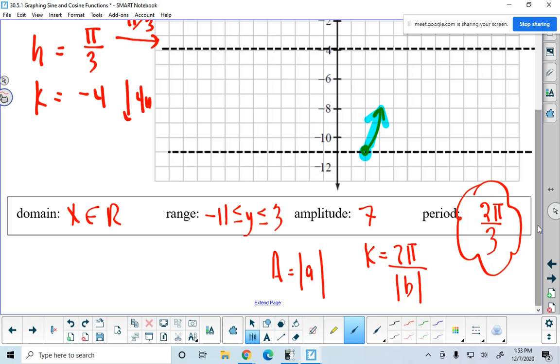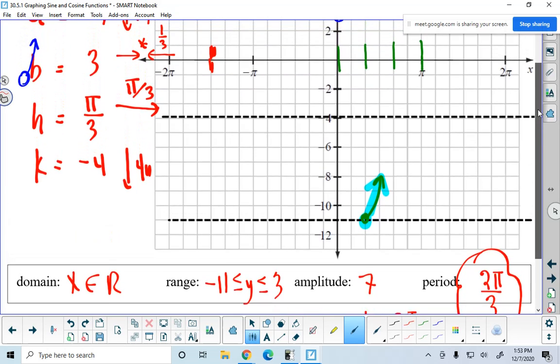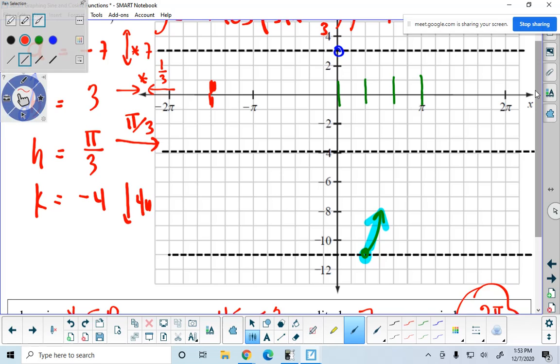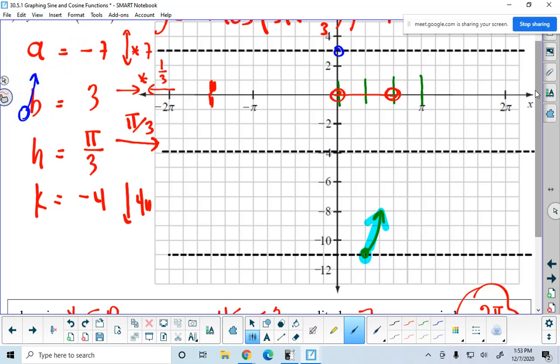So now let's sketch this. We have to look at 2 pi over 3 as a period. So if you watch your screen carefully, from here to here is 2 pi over 3. It's 2/3 of pi. So the challenge in front of us is to do the following.